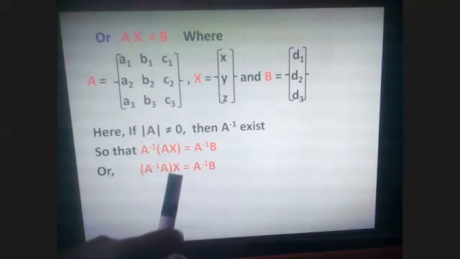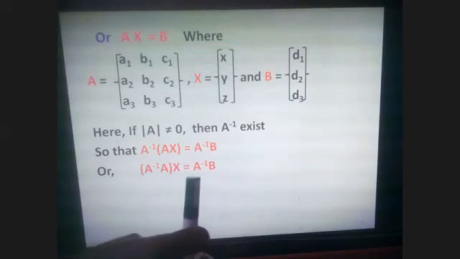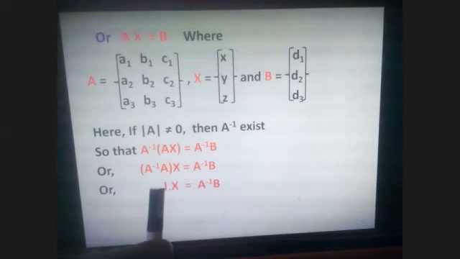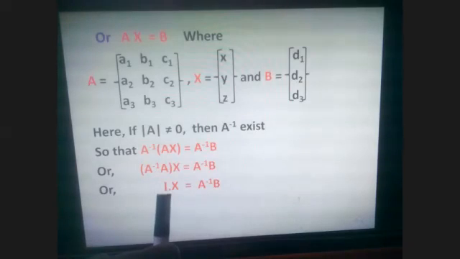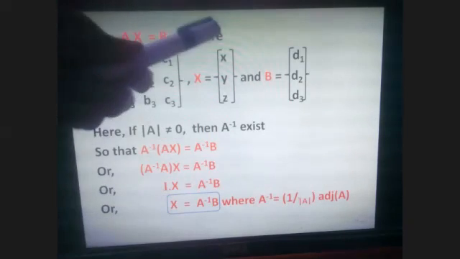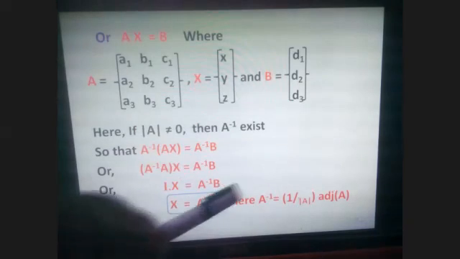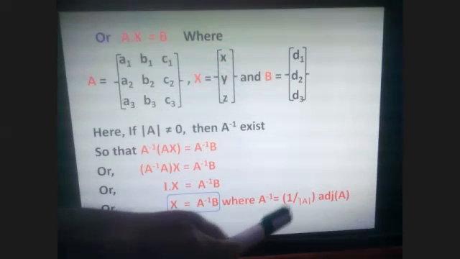By associative law, A inverse A into X equal to A inverse B. That is, A inverse A is I, so IX equal to A inverse B, or X equal to A inverse B, where A inverse is 1 by determinant A into adjoint. So what we have is that X, the column of variables, is equal to A inverse B, where A inverse we can calculate as 1 by determinant A into adjoint.